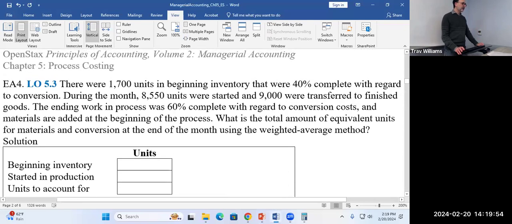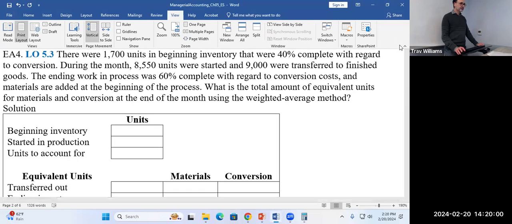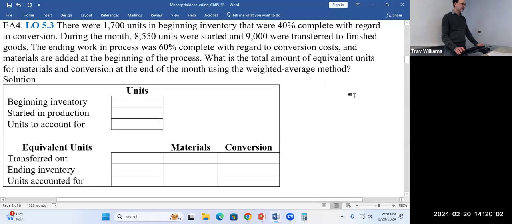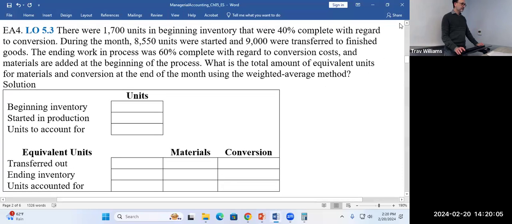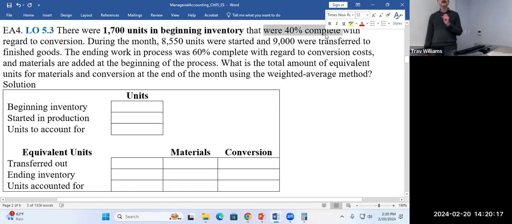Okay, this is only dealing with units, so we're not going to get into costs on this one at all. Okay, good. All right, so there were 1,700 units in beginning inventory. Now here's one of those cases that were 40% complete. It's talking about beginning inventory. Again, we don't care how complete the beginning inventory is.